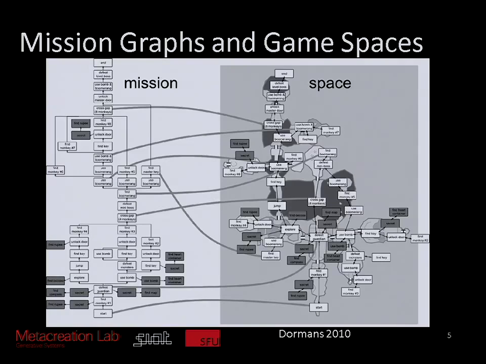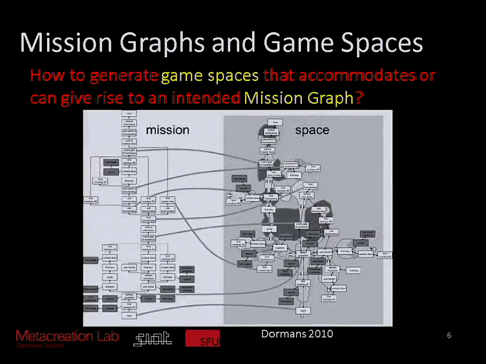But when automatically generating these game levels, as Dominik argued, it helps to split these two structures and treat them individually and generate each one of them in a different way. Now, this allows us to find the question that we're trying to answer: how do we generate game spaces that accommodate or can give rise to an intended mission graph?